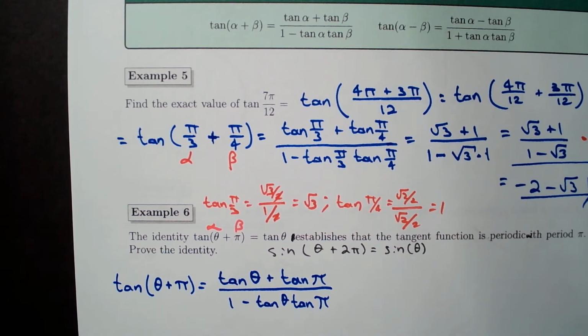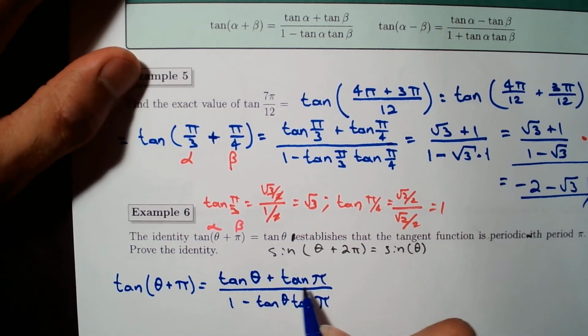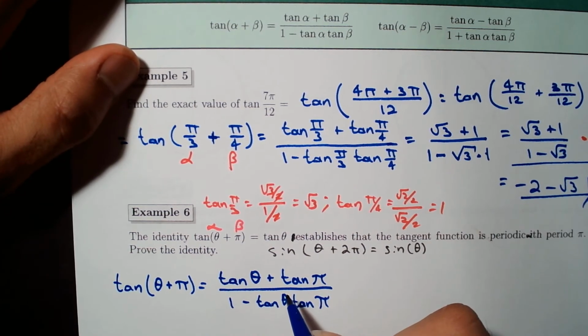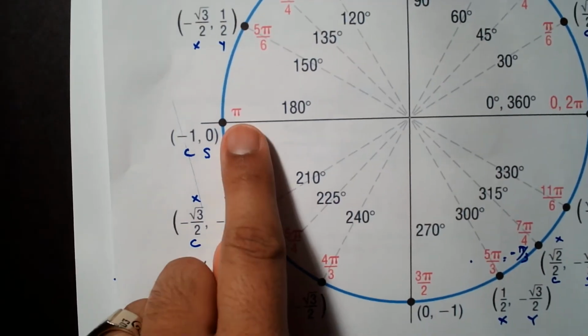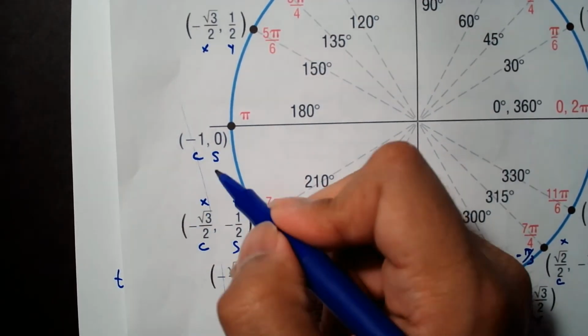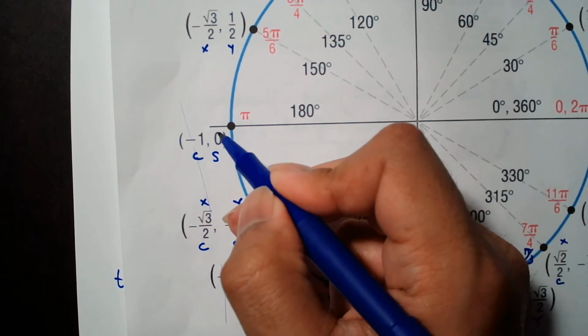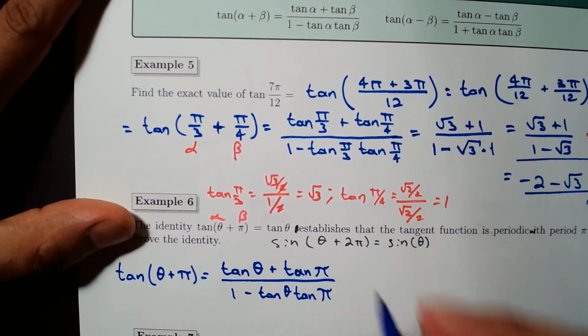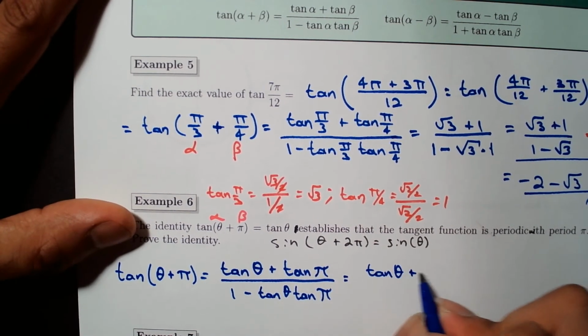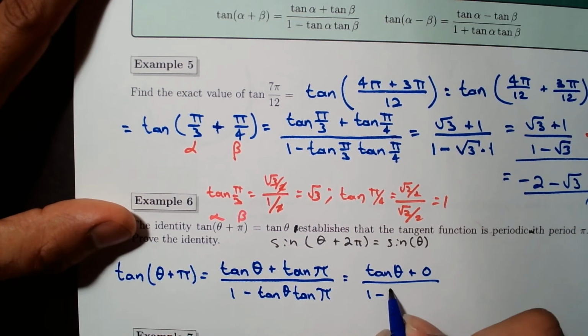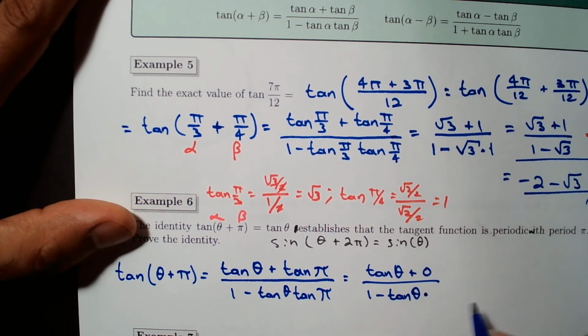But we have a problem here. Oh no, never mind, there's no problem here at all. Tangent of pi? If we use the unit circle, at pi, tangent is sine over cosine, 0 over negative 1, that's 0. So we have tangent theta plus 0 over 1 minus tangent theta times 0.